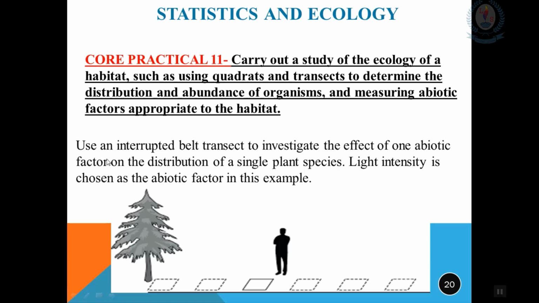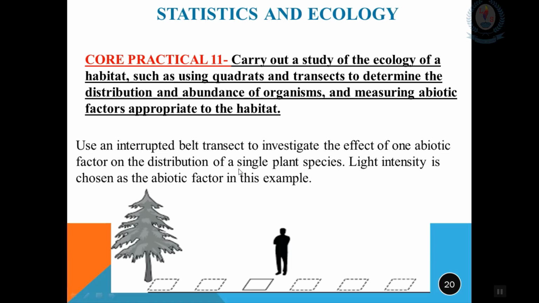So here we are using an interrupted belt transect to investigate the effect of one abiotic factor. In this case, it's light intensity. We can choose a site where there is an obvious gradient in the abiotic factor, which is light. In this case, a shaded area under a tree canopy or the shaded side of a tall building to an area in full sunlight can be selected.